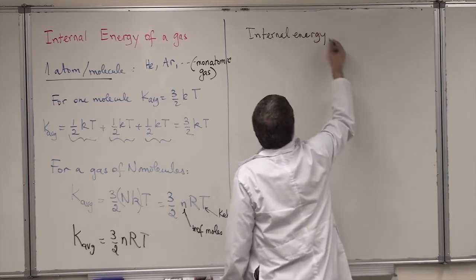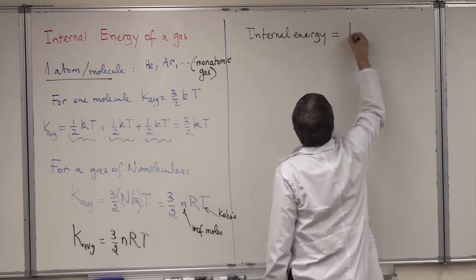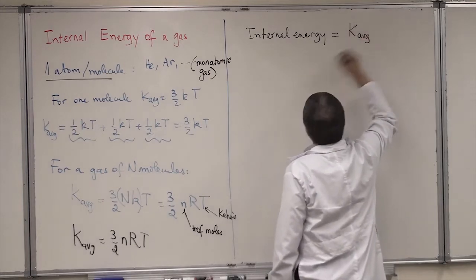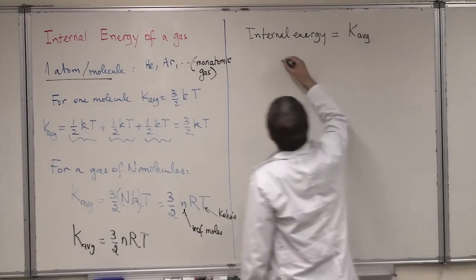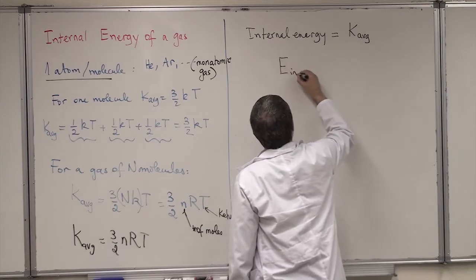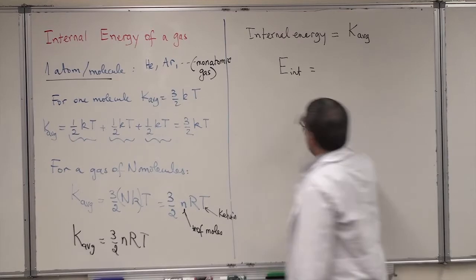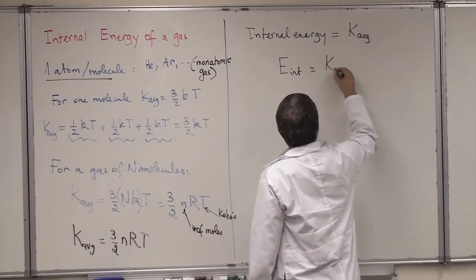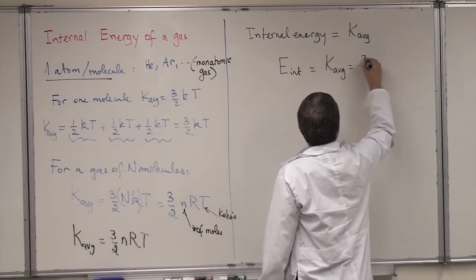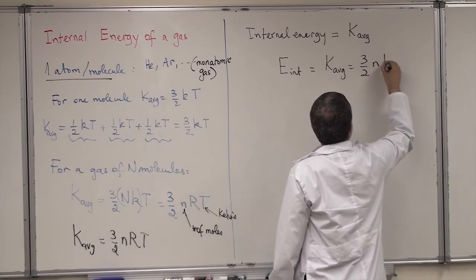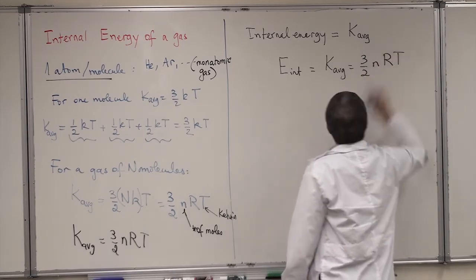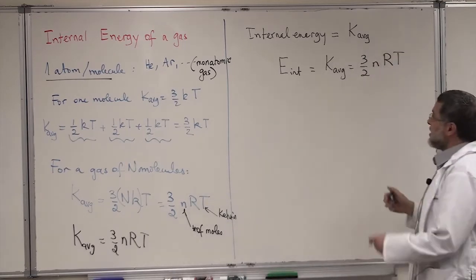Remember we write E internal in the previous chapters. E internal is actually equal to K average, which is equal to 3/2 nRT. That's the internal energy.